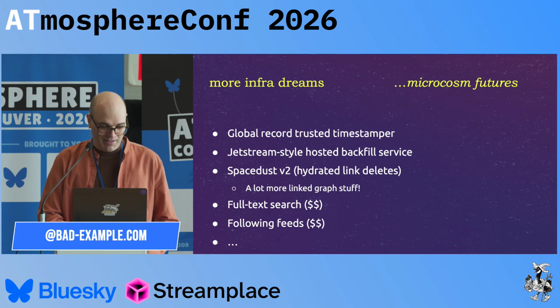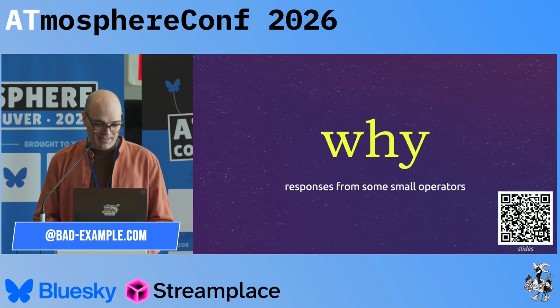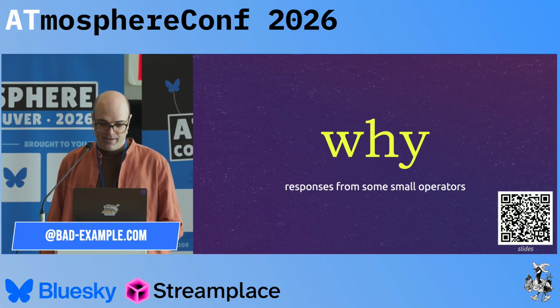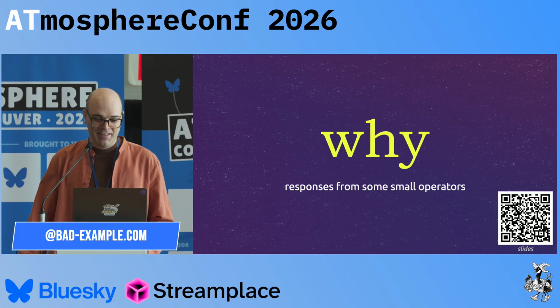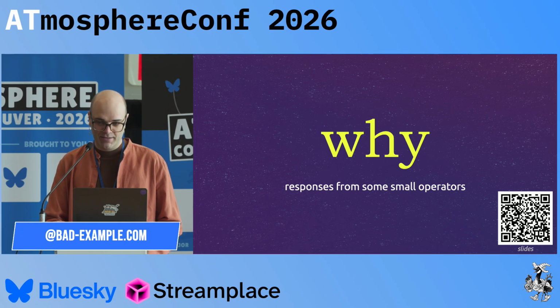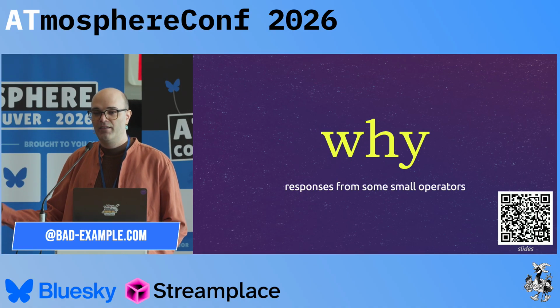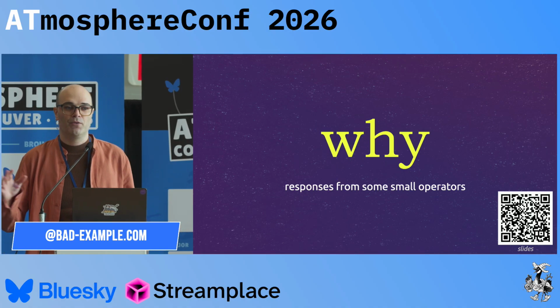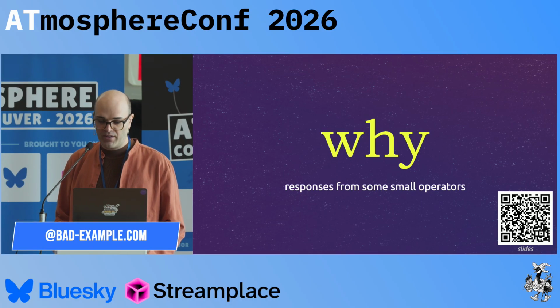These are some other ways I think I might be able to make money, but this is actually what I want to get to, which is: why do people do weird things in AtProto? I didn't think my answers alone would be very interesting. So I reached out to 10 people that are running relays or APIs or other things on a very small scale.